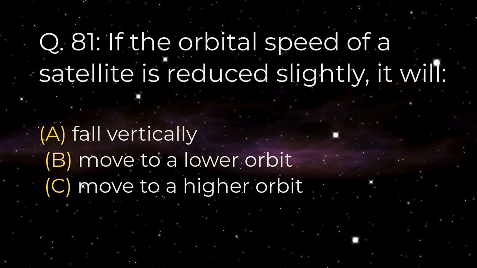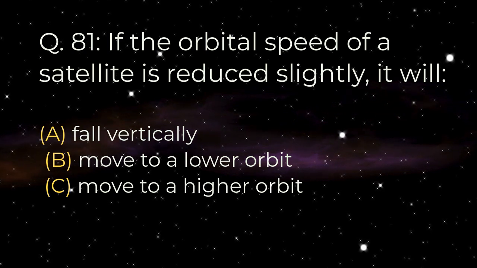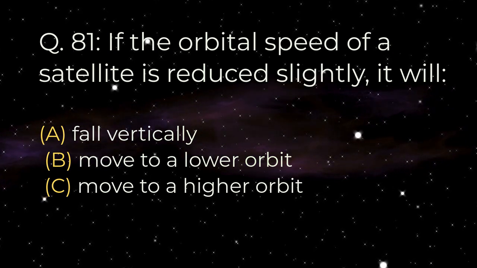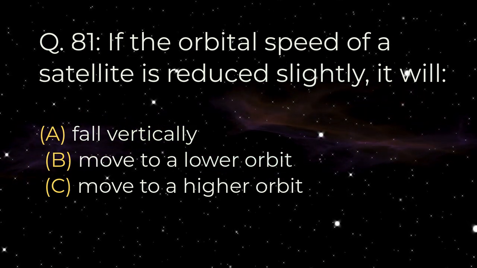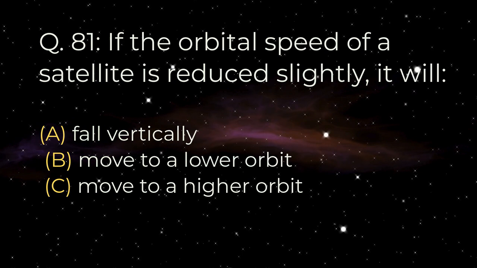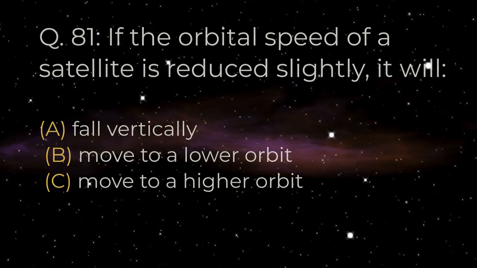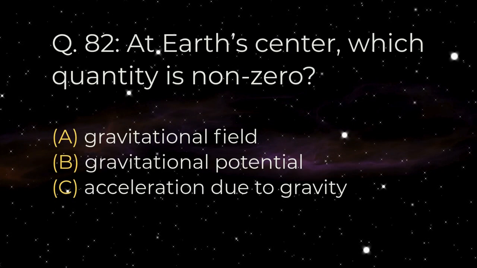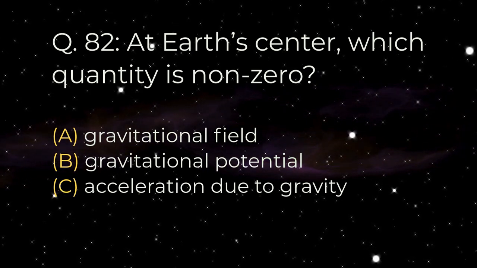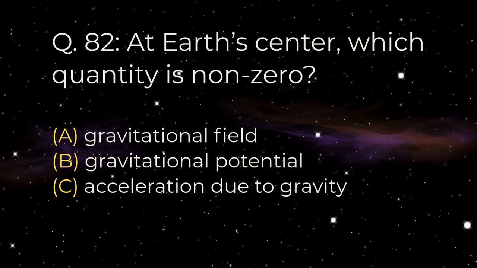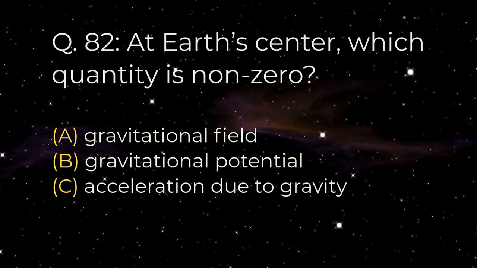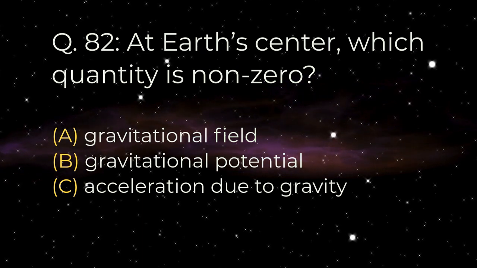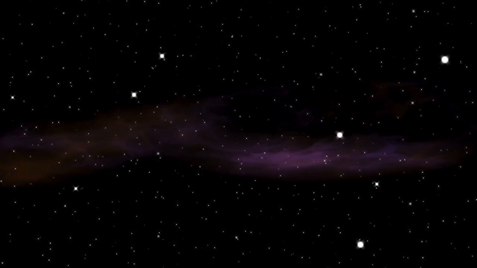Question 81. If the orbital speed of a satellite is reduced slightly, it will: option A, fall vertically to Earth; option B, move to a lower orbit; option C, move to a higher orbit. Question 82. At the center of Earth, which of the following quantities is non-zero? Option A, gravitational field; option B, gravitational potential; option C, acceleration due to gravity.